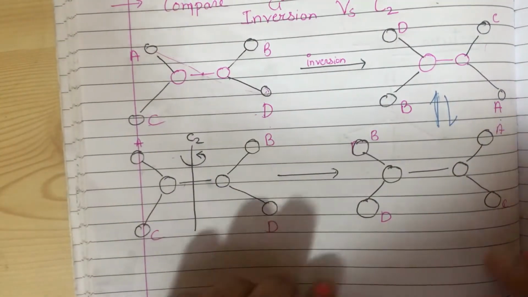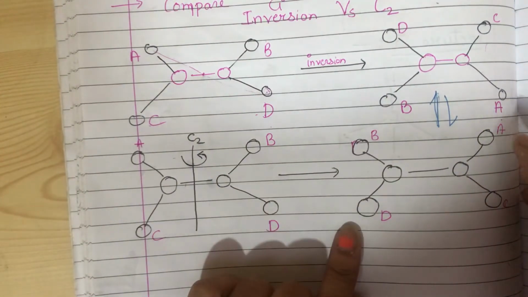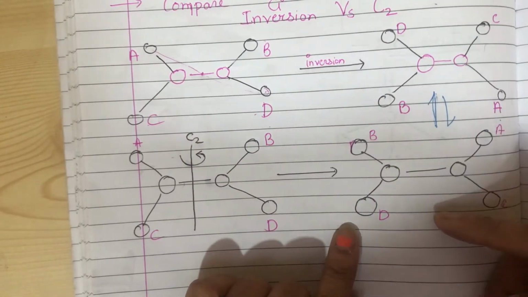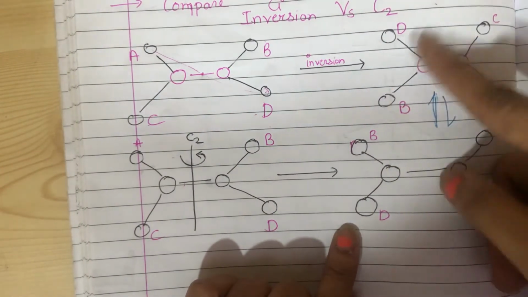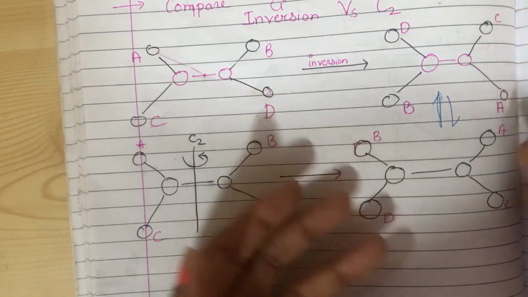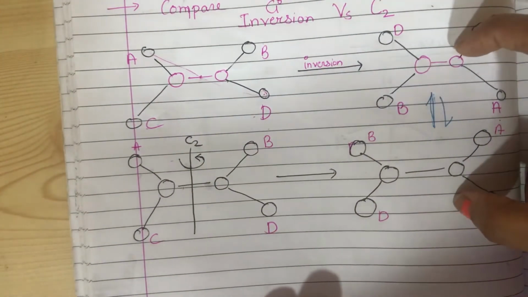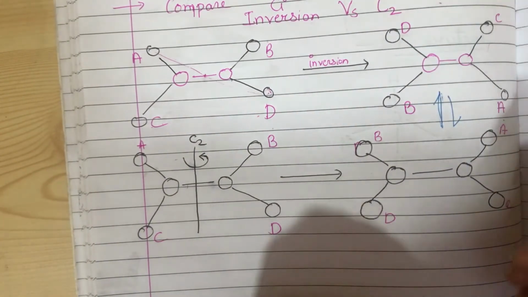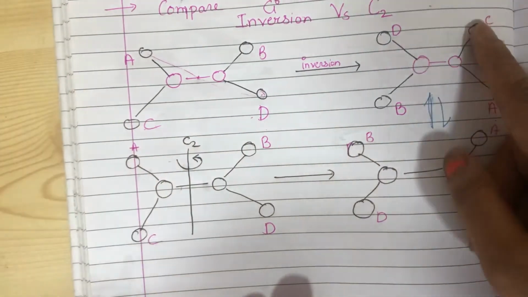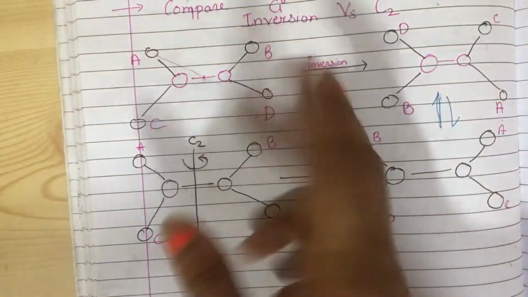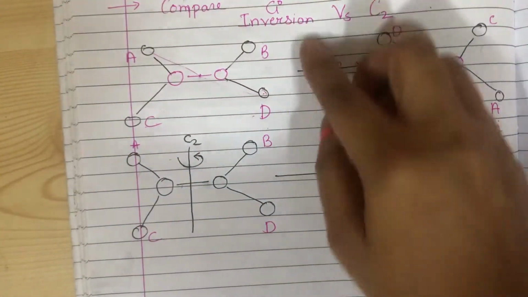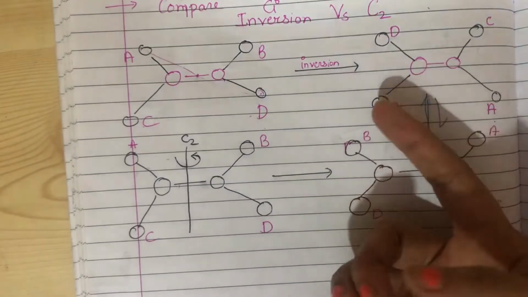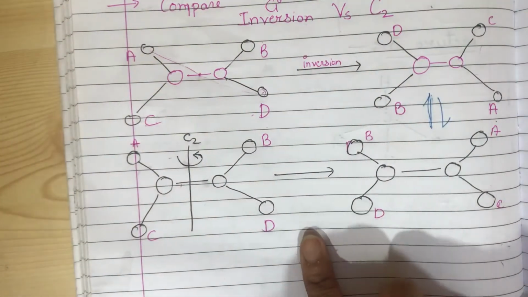But by any chance, if I do not denote it with A, B, C and D, I will find the same structure, because all the atoms are hydrogen. So these two structures would be the same if I am not labeling them with A, B, C and D. So in short, for inversion versus C2, if you label the atoms, only then will you come to recognize whether it is an inversion or a C2 axis of symmetry.